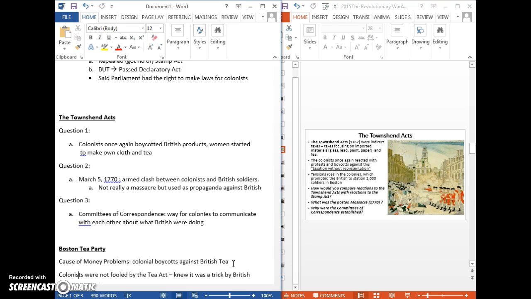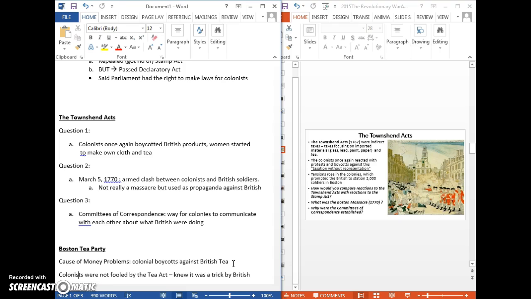No one really knows if the order to fire was actually given out. All we know is that a shot was fired into the crowd, and when the dust settles, you see American colonists dead at the hands of the British soldiers.